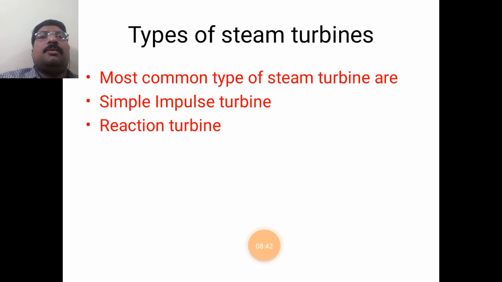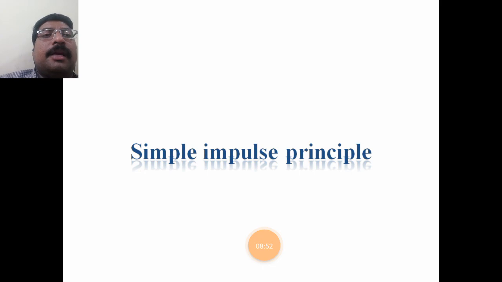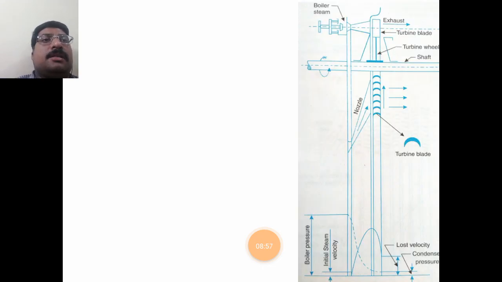So now, the most commonly used steam turbines are the simple impulse turbine and the reaction turbine. Okay. First, we are going to study the simple impulse turbine. So this is the layout of the simple impulse turbine.